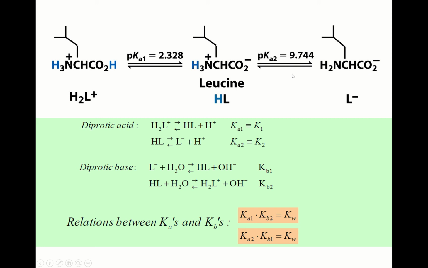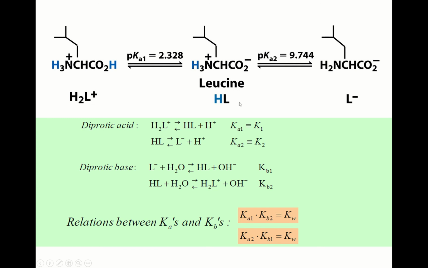So what we learn here is that if we start from the fully protonated form, the amino acid can dissociate not only once but twice. This one dissociates, and then this ammonium proton dissociates. So leucine is called a diprotic acid.